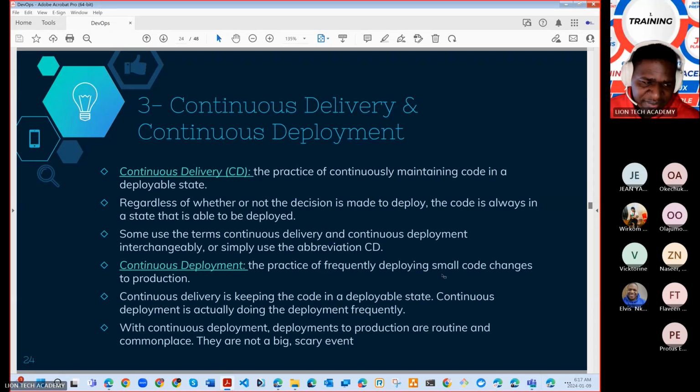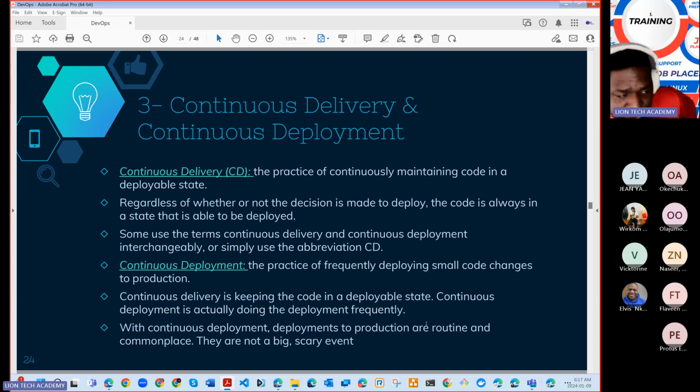The bread leaves the oven and goes straight to the store, to a sales point where your customers are already waiting in line to buy the bread. That is continuous deployment. So continuous delivery is keeping the code in a deployable state. Continuous deployment is actually doing the deployment frequently.